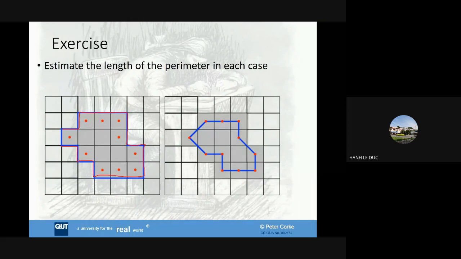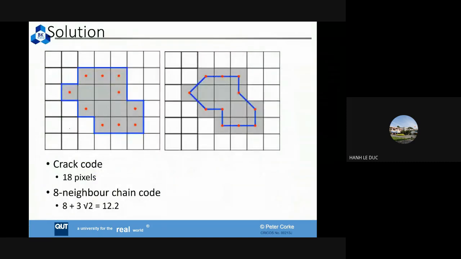So we have two methods to calculate. First, we call this the record, that means you just count the number of pixels here. For example, here it is 1, 1, 1, 1, 1, 1, 1, right? And you have 18 pixels.